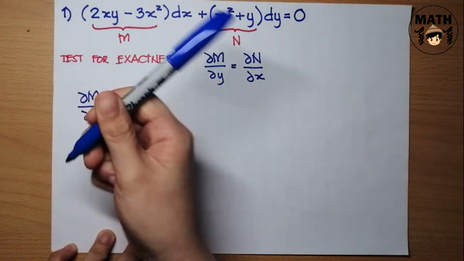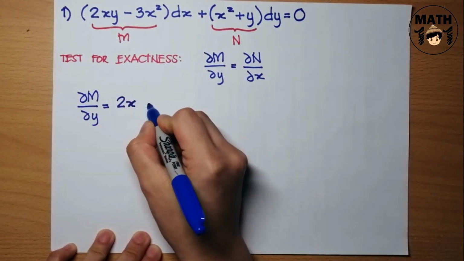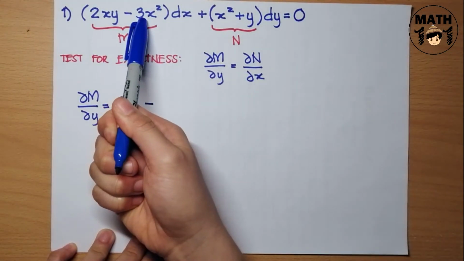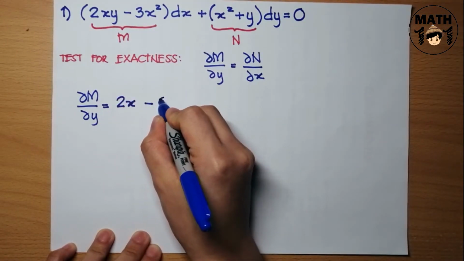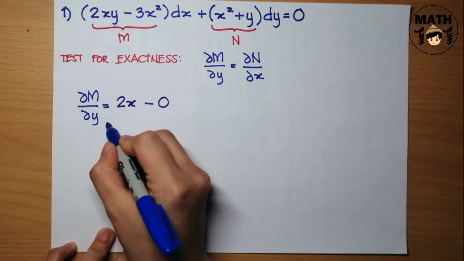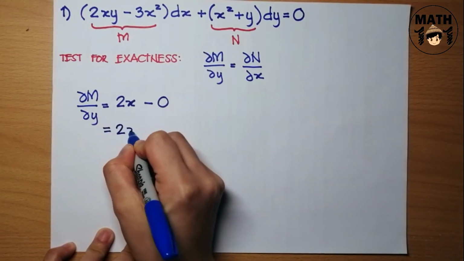Therefore, si x here ay iti-take natin as constant. So ang derivative ni y ay 1 minus partial derivative of 3x squared. So dahil ito ay x, consider natin siya as constant. Therefore, the derivative is 0. So simplifying this is just equal to 2x.